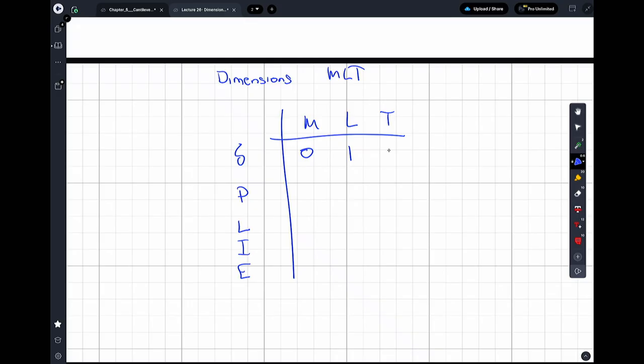So 0, 1, 0. Delta is a length parameter. Force is 1, 1, minus 2. Length 0, 1, 0. I is 0, 4, 0. And E is 1, 1, minus 2.